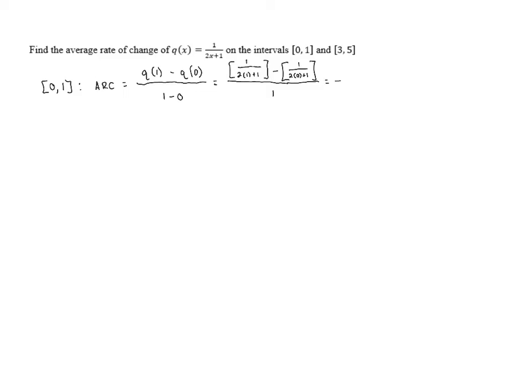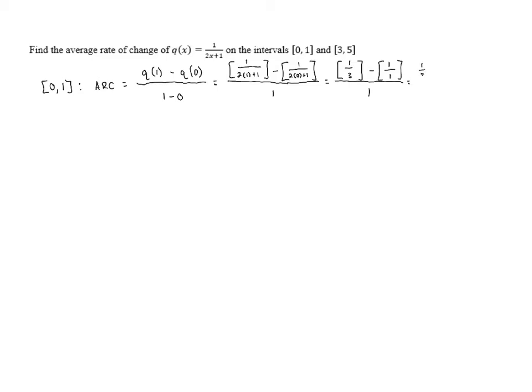Now, in the first set of brackets, this is going to be 1 over, now 2 times 1 is 2, and then when we add 1 to that, we get 3. So this is going to be 1/3 minus, in the second bracket, we've got 1 over, 2 times 0 is 0, plus 1 gives us 1.